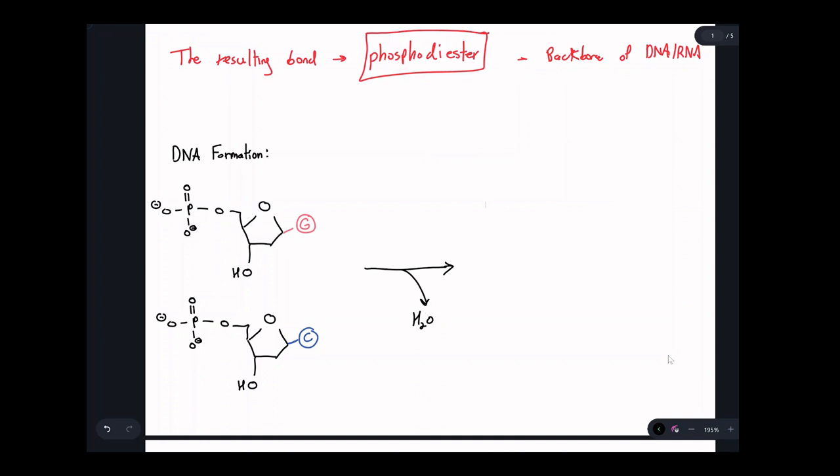So DNA formation. Here we have our sugar connected to guanine. I'm not going to draw the full DNA bases to make things easier. We know it's DNA because there's no 2' OH, and we have this C as well. Now what happens is we have the alcohol from this sugar, the phosphate from this sugar. They're going to combine, right?